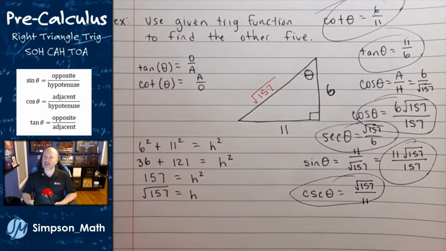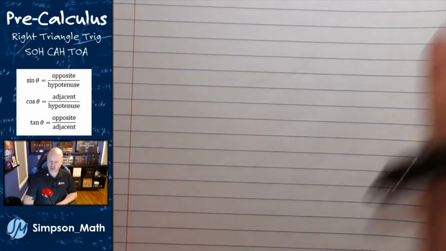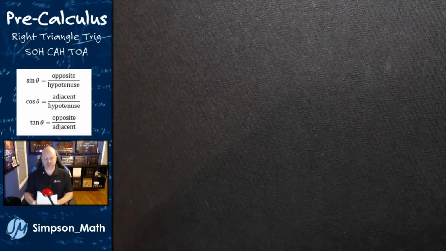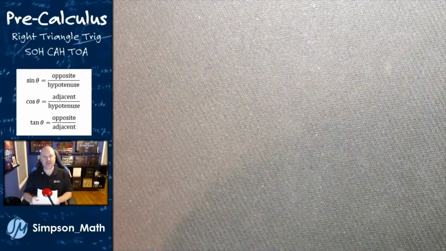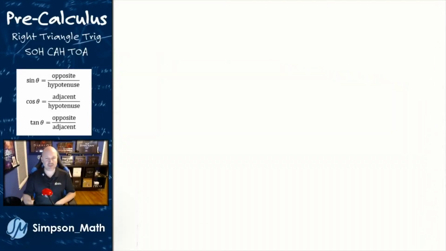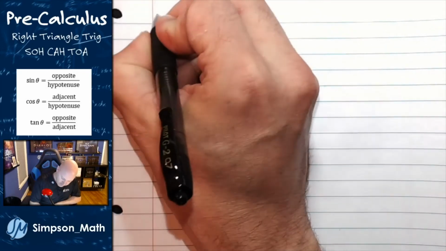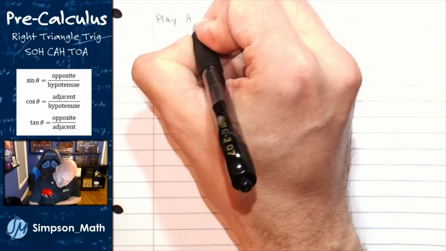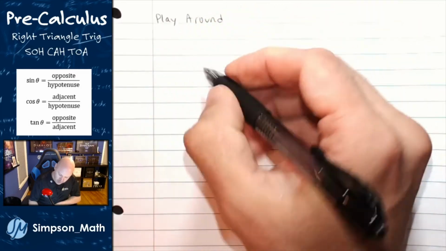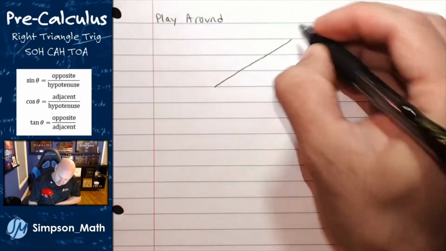I think I'm going to play around. Remember what I mean by play around? If not, we've talked about this in previous videos. I'm going to draw a right triangle.